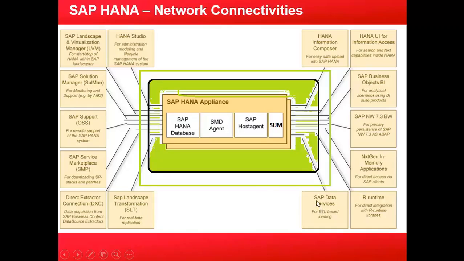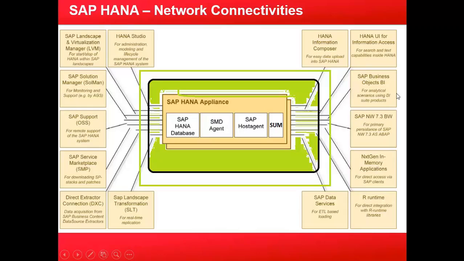Then we have SAP Data Services for ETL based loading. Then we have R runtime. This is basically for direct integration with R runtime libraries. And we have next gen in-memory applications for direct access via SAP client. We have connectivity to SAP NetWeaver 7.3 BW, basically for primary persistence of SAP 7.3 AS ABAP.